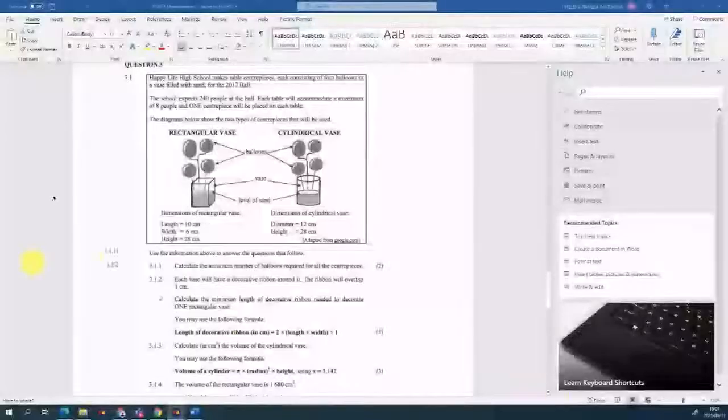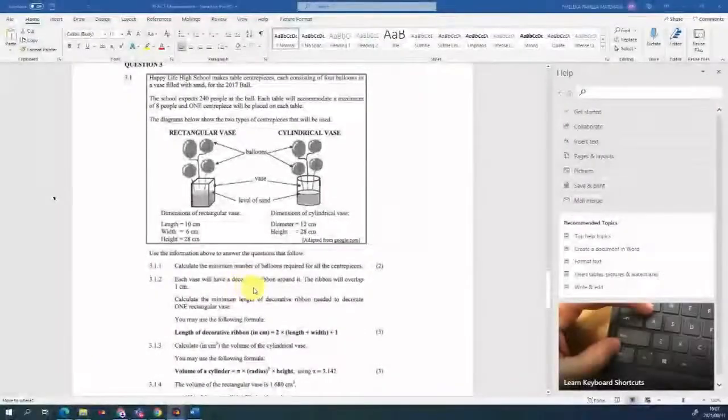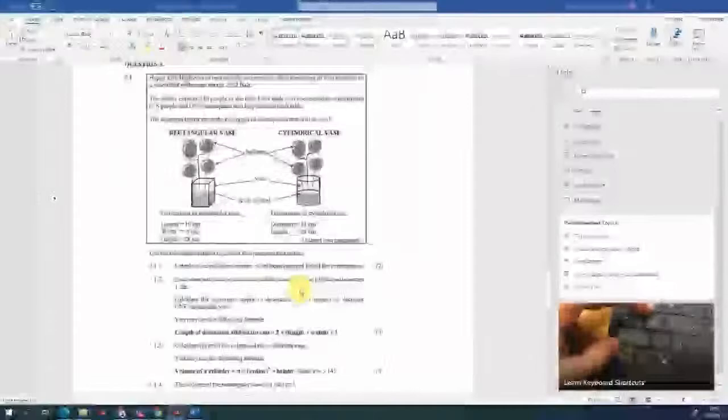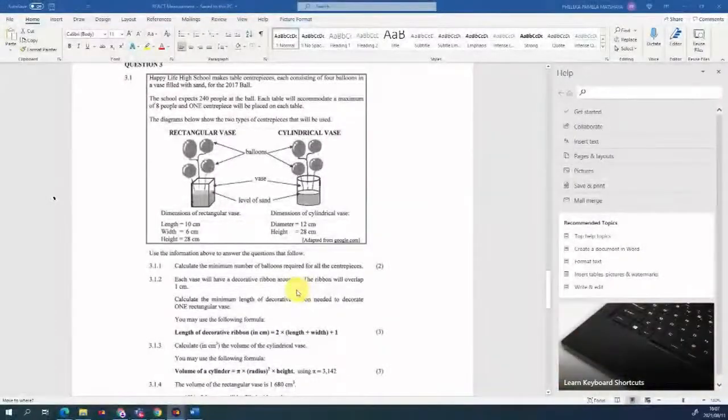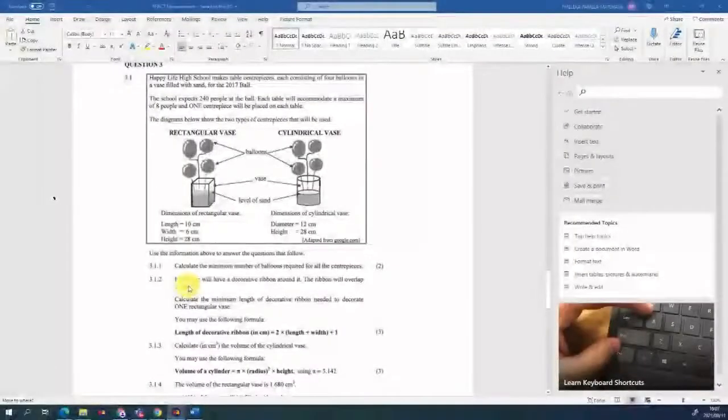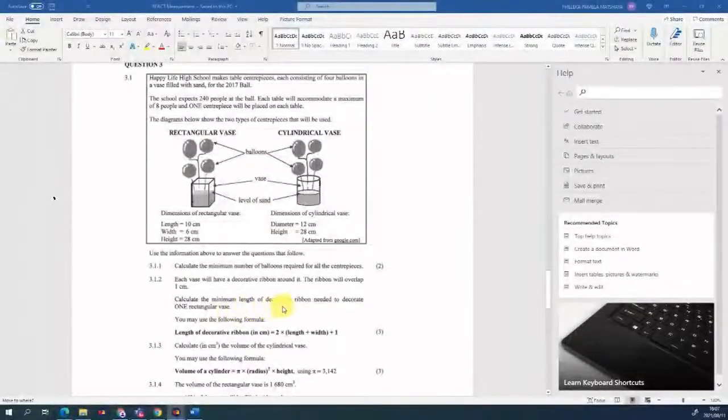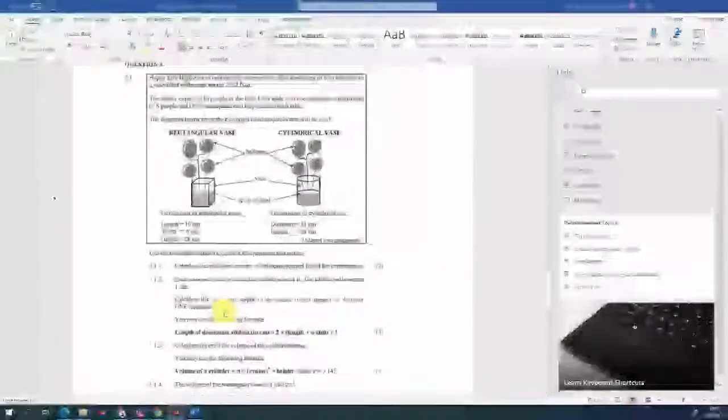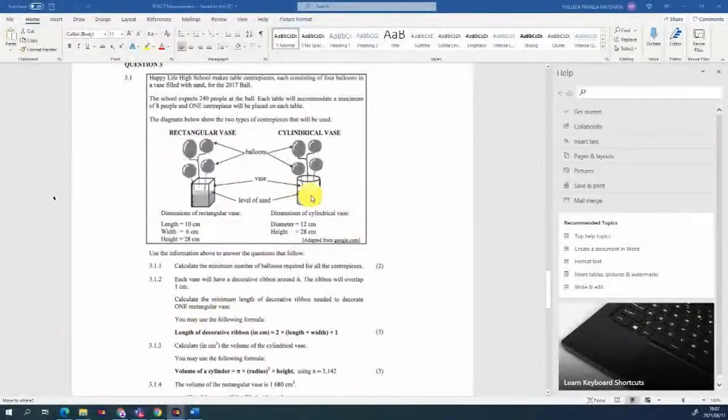The next question says, each vase will have a decorative ribbon around it. The ribbon will overlap 1 centimeter. Calculate the minimum length of decorative ribbon needed to decorate 1 rectangular vase. They don't ask for the other one, they want that one, with a ribbon right around it.